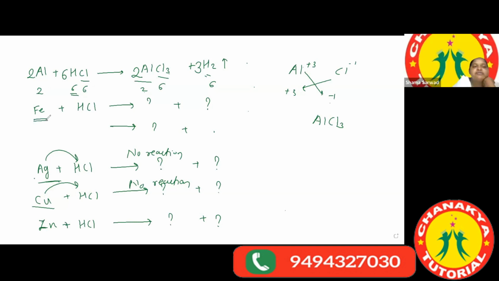Now see the next, Fe. Fe has 2 different valencies. If it acts as Fe plus 2, with Cl minus 1, your formula would be Fe plus 2 and minus 1, that is FeCl2. Right? If it acts as Fe plus 3 and here Cl minus 1, that time it will be plus 3 and minus 1. If we go for cross multiplication, our formula would be FeCl3.